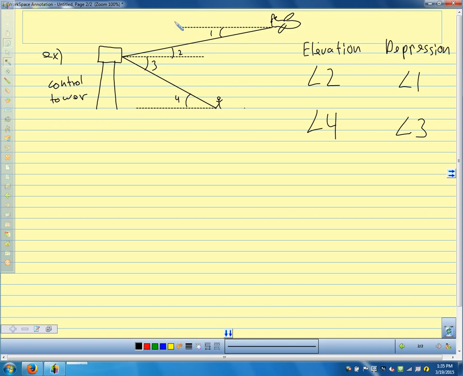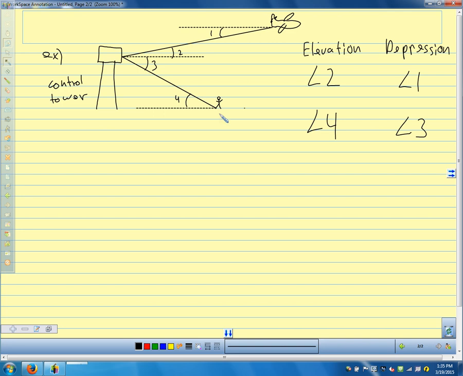How about angle 1? You know it's an angle of depression. The angle of depression from the plane, we're looking down from the plane to the control tower. So that would be the angle of depression from the plane to the control tower. How about angle 3? Angle of depression from the control tower to a person on the ground, or to the person's shoelace.